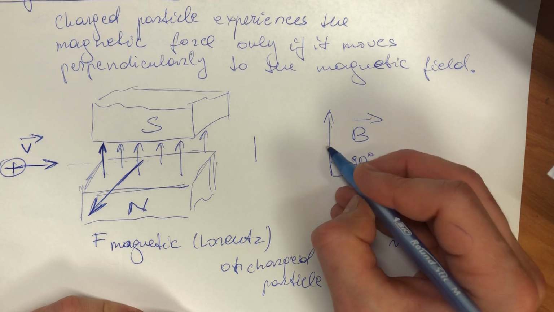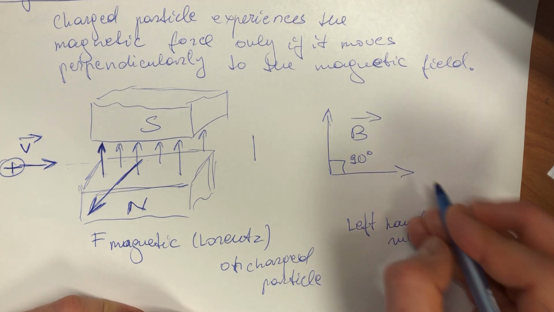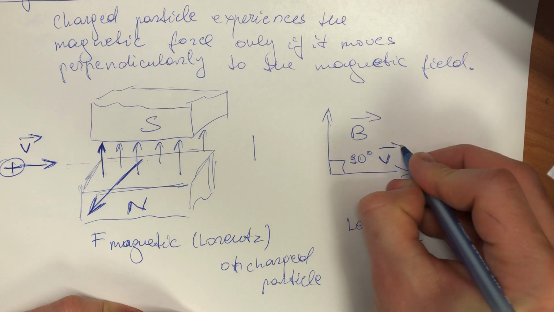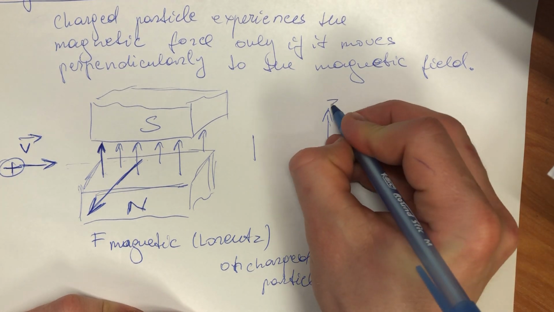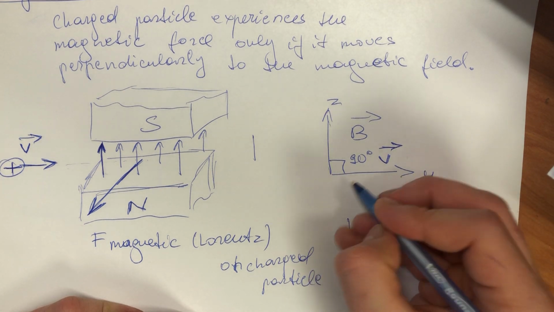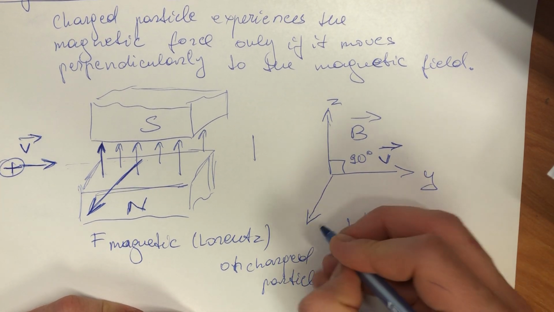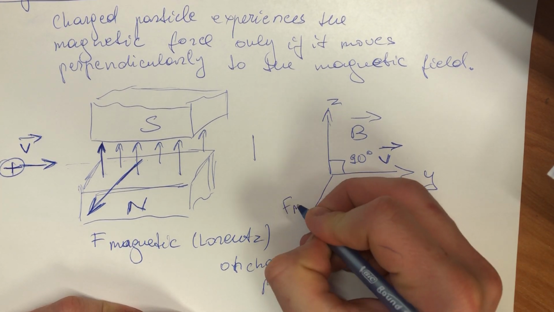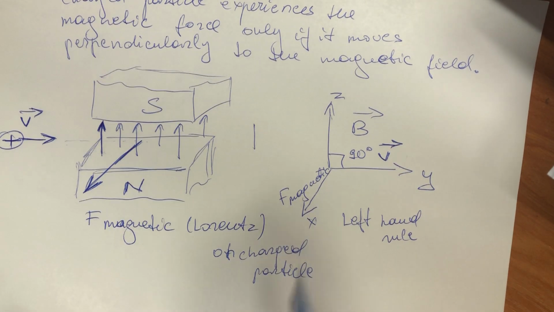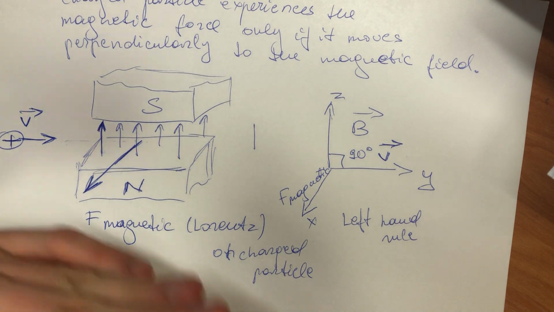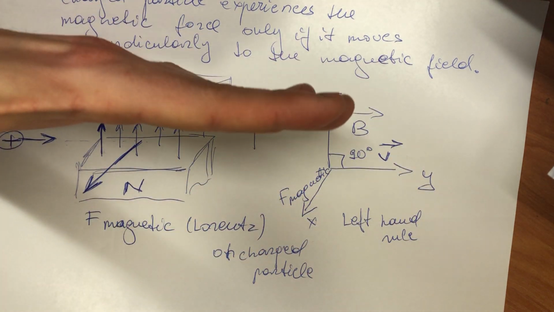B direction is up, V direction is here. Sorry, I forgot to show V. So it would be the Z axis, the Y axis, and F magnetic is in this axis. So this is a good representation, and it can also be shown by the left hand rule.